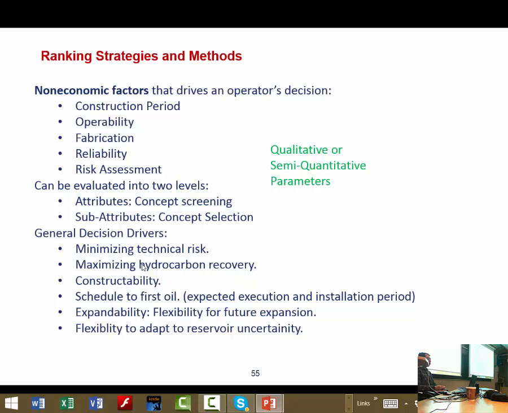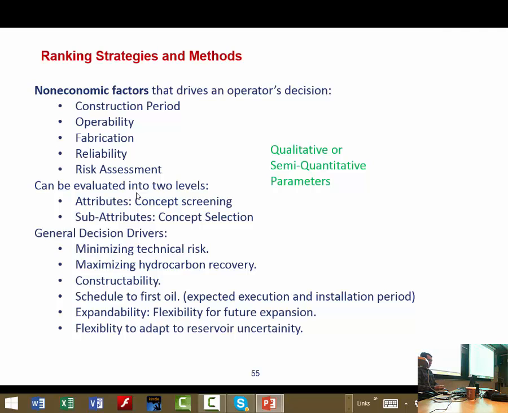So these are mainly known as qualitative or semi-quantitative parameters. But these parameters can usually be divided into two main levels: attribute, which is used for concept screening, and sub-attribute levels. The next example shows exactly what this means.